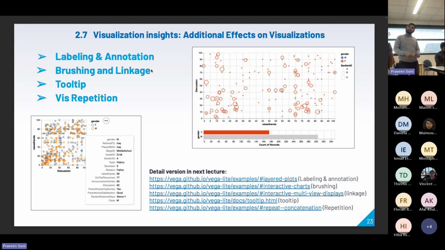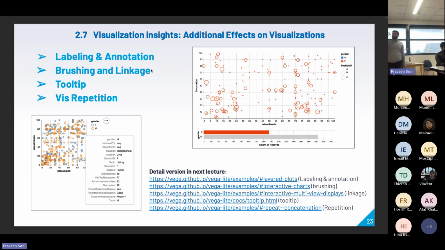Can anyone tell me about brushing and linkage? What does it mean? No one knows? So brushing is something like this. I cannot put the marker, maybe it will affect, I can just draw here. I have this scatter plot. I want to see only these points. I make one window.